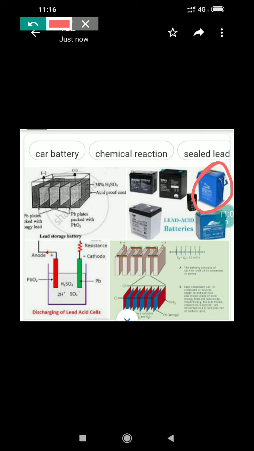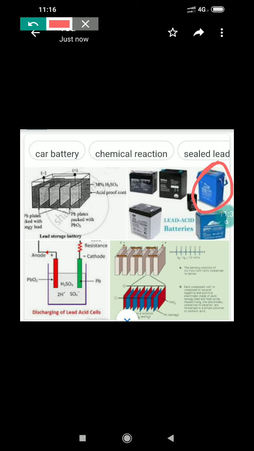So, students, earlier we studied the lead accumulator, and before that we studied the dry cell. The disadvantage of the dry cell is that once it is used it can be thrown away. The advantage of the lead accumulator is that it is used again and again, but it still contains 38% sulfuric acid, and that's why it must be handled properly.